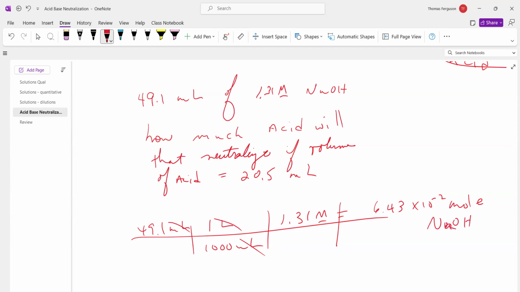So 6.43 times 10 to the minus 2 moles of sodium hydroxide. So neutralization means that that's how many moles of acid we have.